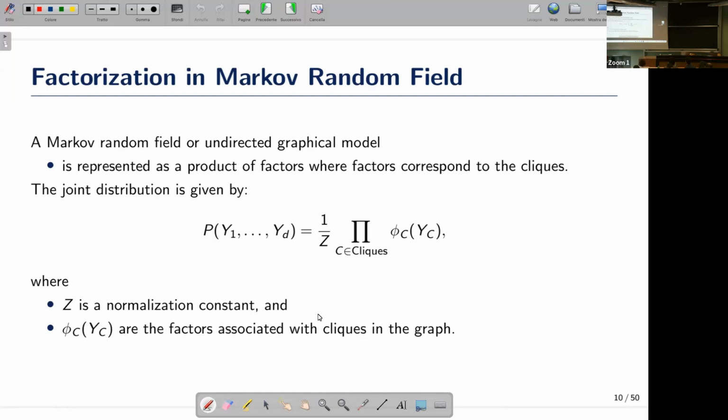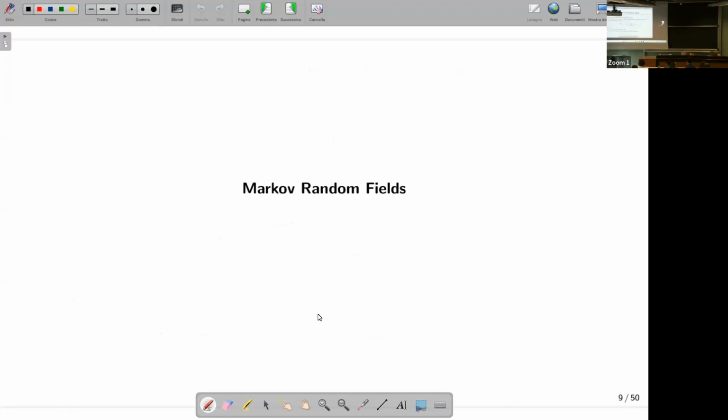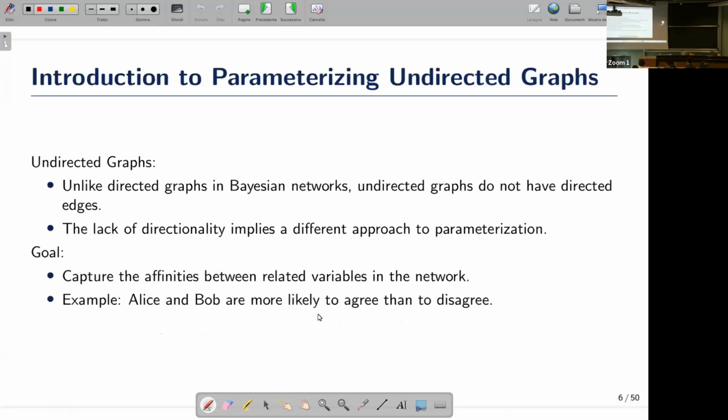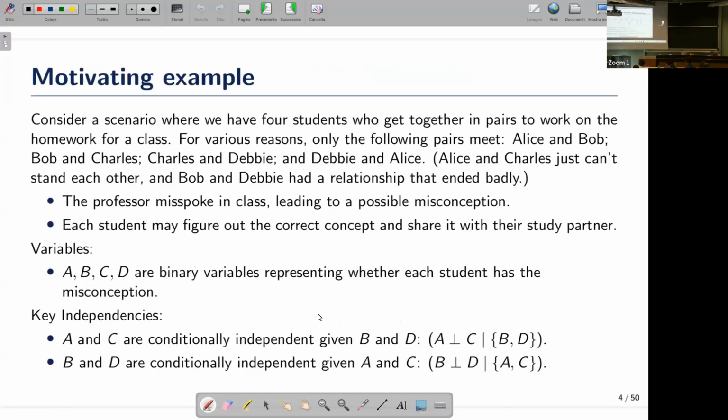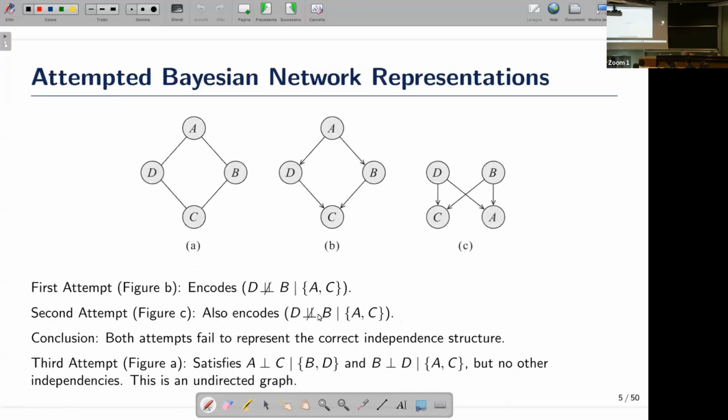In these factors, I have to put this C, which are the maximal cliques of the undirected graph. So if we go back to our problem, what are the maximal cliques of this undirected graph? All the couples, so it's AB, BC, CD, AD, right?